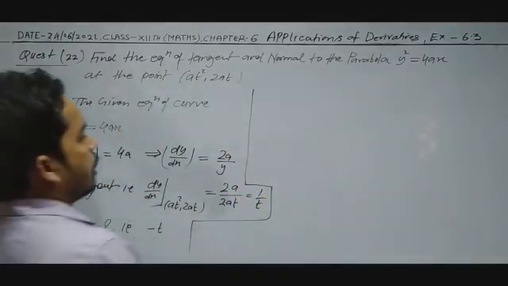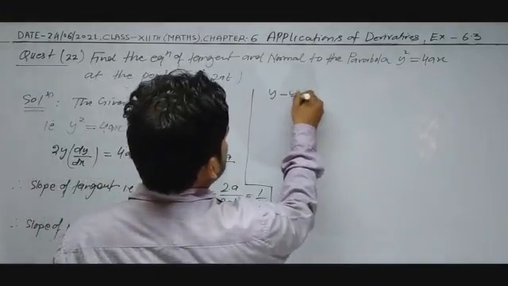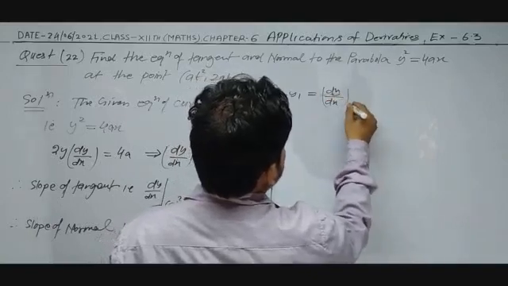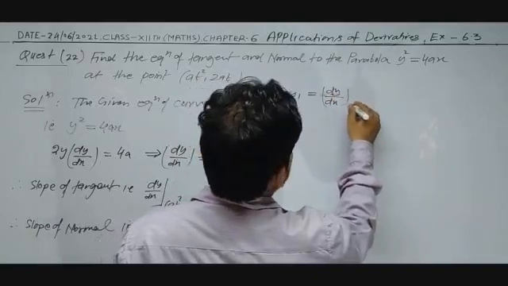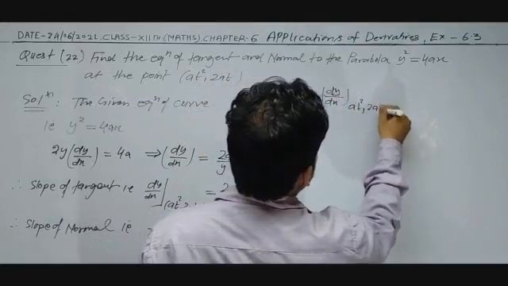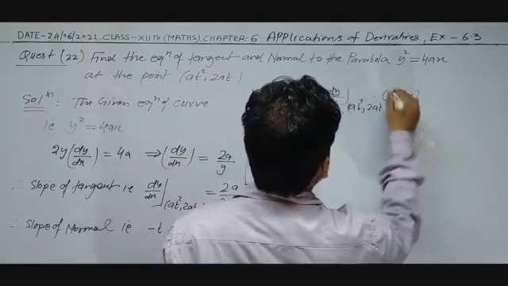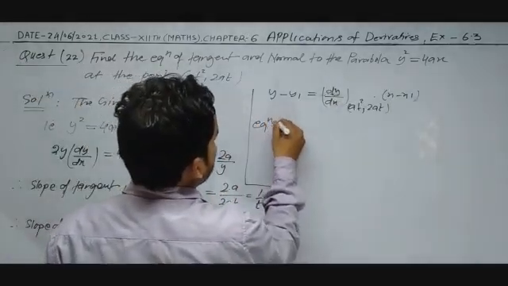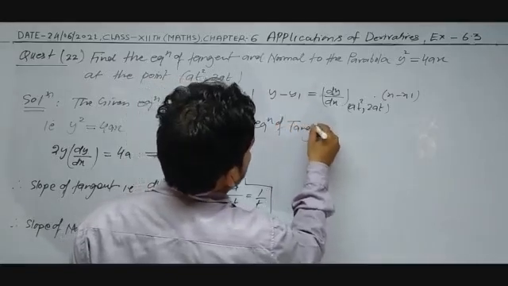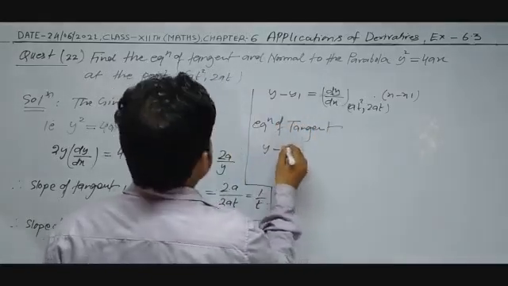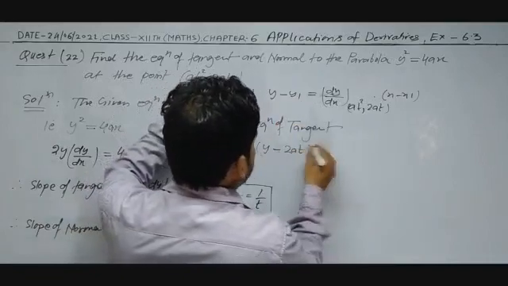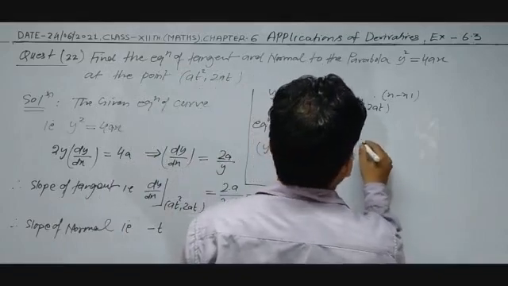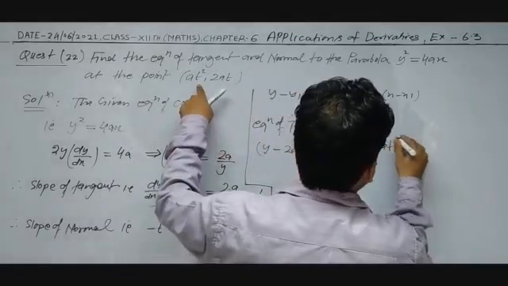You know the equation of tangent formula: y minus y1 is equal to m, meaning dy by dx at (h, k), the given point, that is (at square, 2at), into x minus x1. x1, y1 is the point given. So put here the equation of tangent: y minus 2at is equal to dy by dx at this point, that result is 1 by t, into x minus at square.